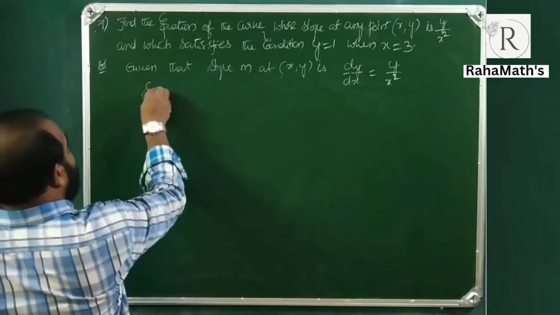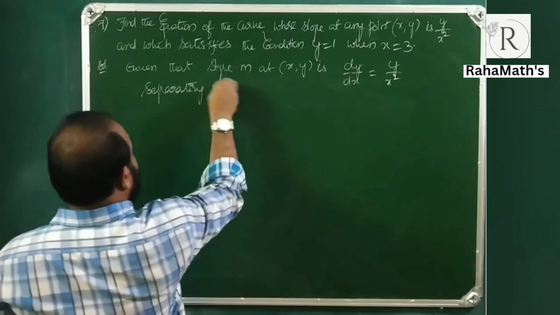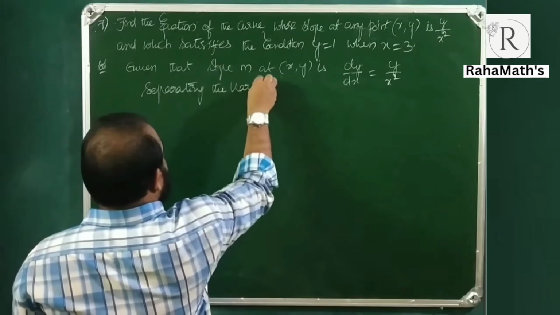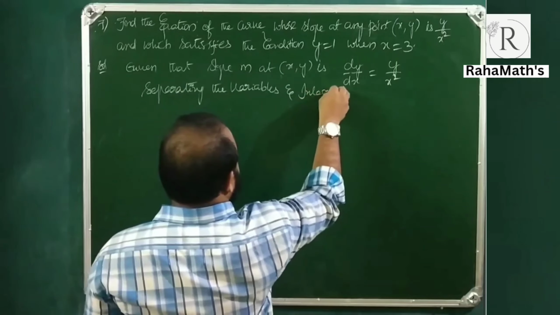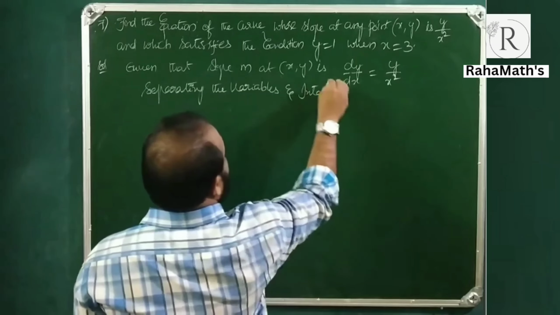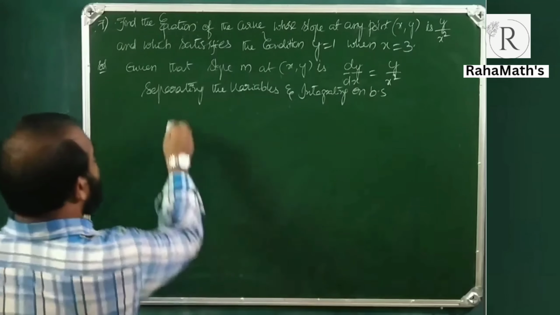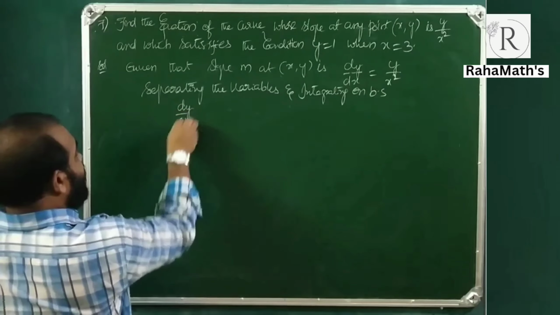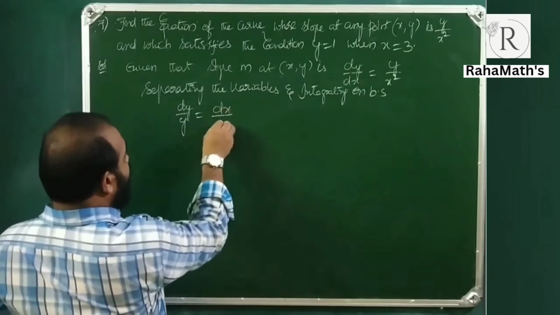So separating the variables and integrating on both sides, we get dy by y is equals to dx by x square.